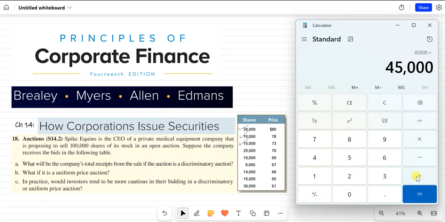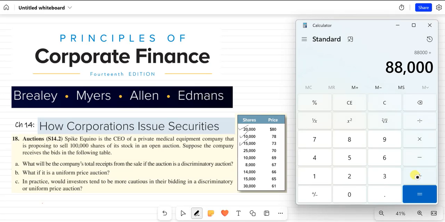Then we will use 25,000 shares. Then we will use 10,000 shares. Then we will have 8,000 shares. Then we will need 12,000 shares.